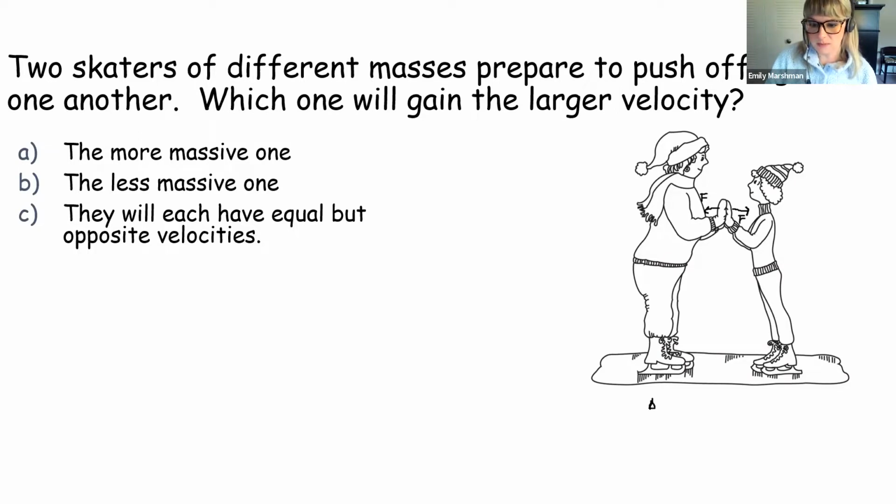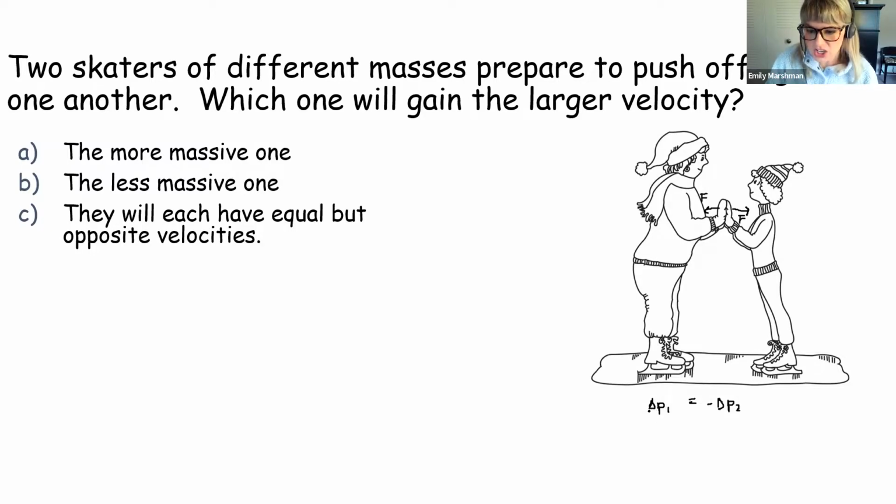So the change in momentum for the larger person, I'll call it person 1, is going to be equal to the change in momentum for player 2, just in the opposite direction. So I put a negative sign here. They both start off with an initial velocity of 0, right? And then they push off and get some final velocity.